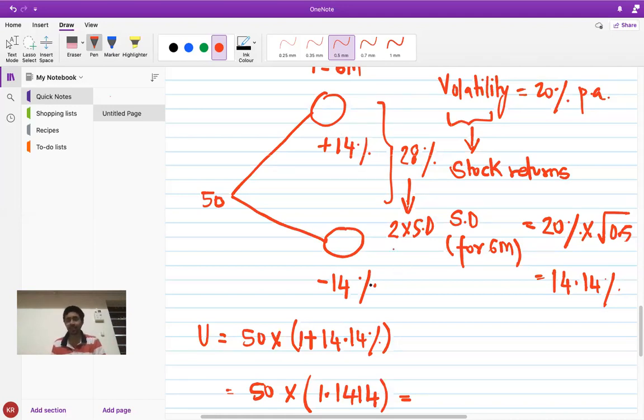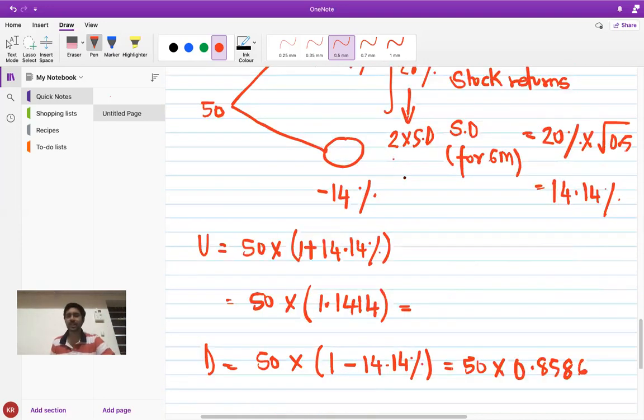This 2 times standard deviation has a significance, but unfortunately I'm not in a position to explain it yet, because there are a lot of terms we have not yet discussed, which we will cover as part of the Black-Scholes model. Without understanding that, it's completely fine. Just remember that there's a gap of 2 standard deviations between the upper node and the bottom node.